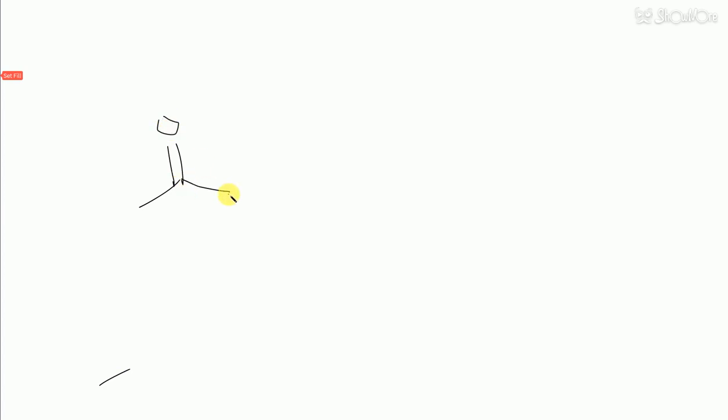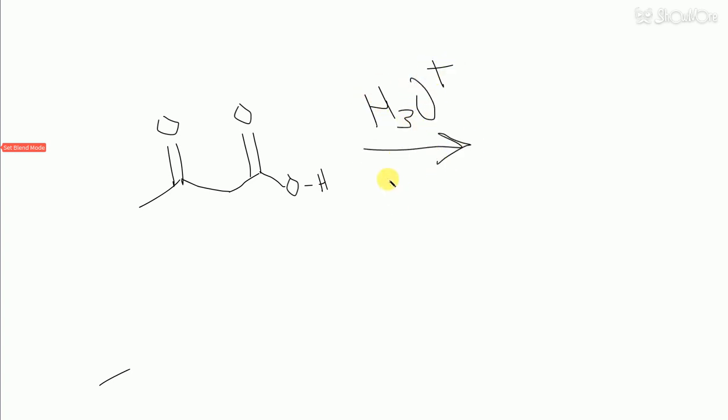carbonyl, and we have the carboxylic acid. That's what we need. So essentially what happens is this very weird mechanism.